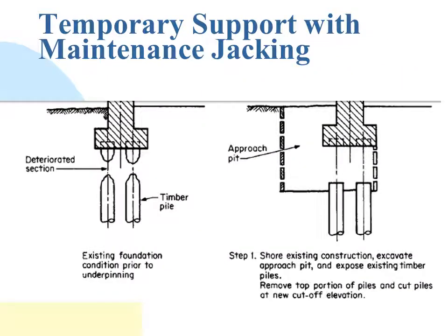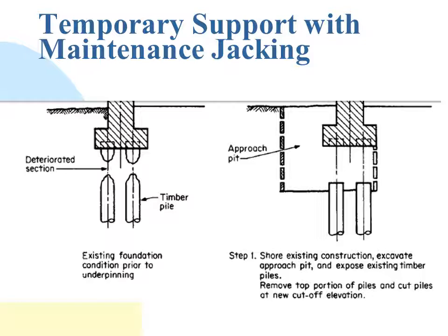So the first method is the temporary support with maintenance jacking. This method is mainly used if we have a local failure within the piles, whether, by the way, the piles could be timber, could be steel, could be concrete. So we use this method if the failure is within the uppermost few meters of the pile.